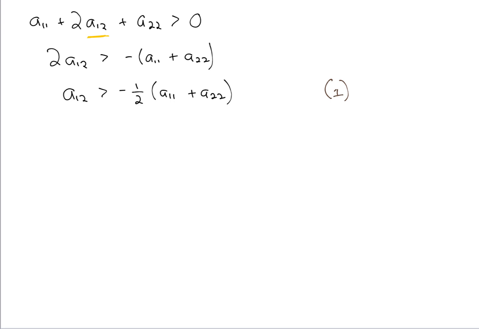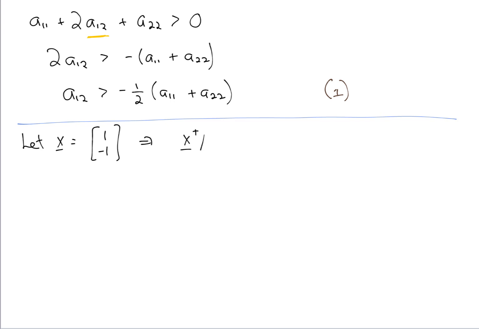If we repeat the same exercise, except instead of x being 1, 1, let's choose x to be 1, minus 1. And we go through the same procedure of computing x transpose Ax.